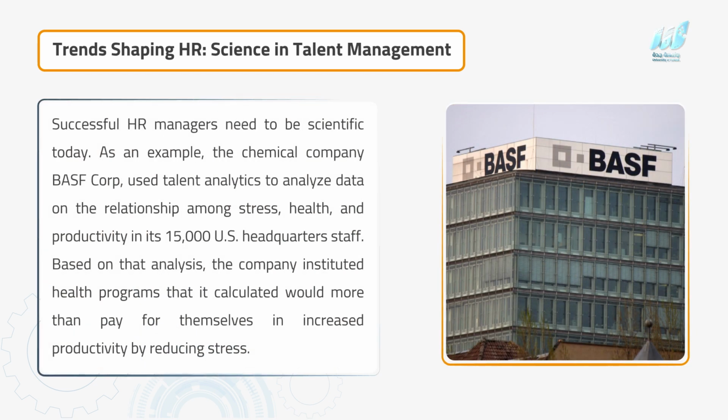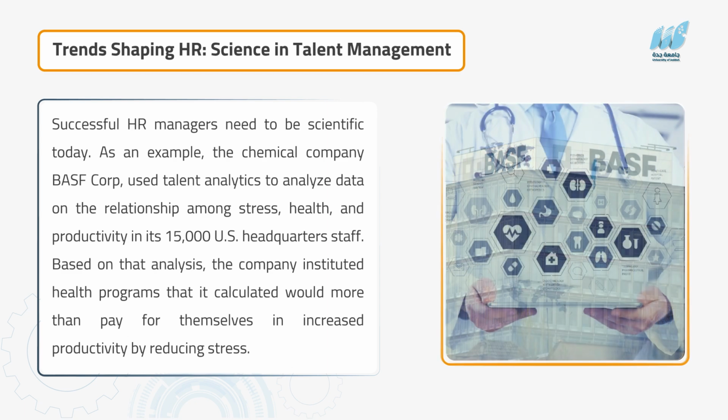Successful HR managers need to be scientific today. As an example, the chemical company BASF Corp used talent analytics to analyze data on the relationship among stress, health, and productivity in its 15,000 U.S. headquarters staff.